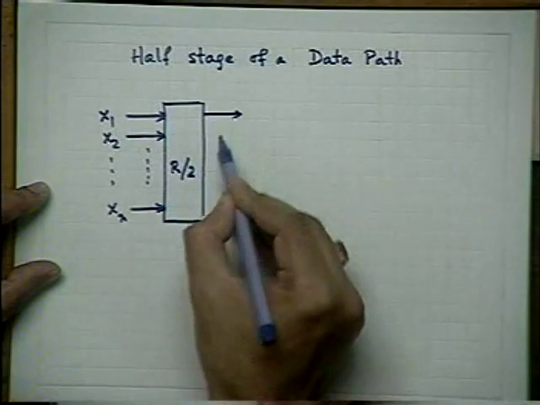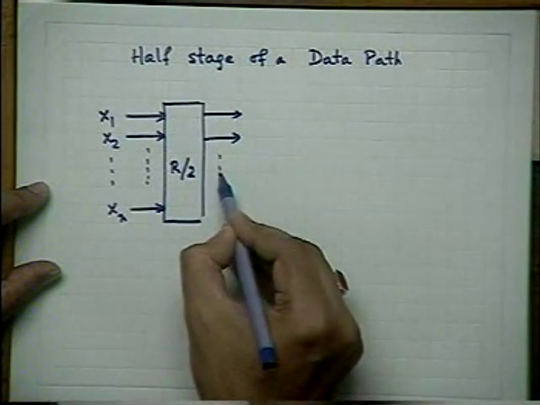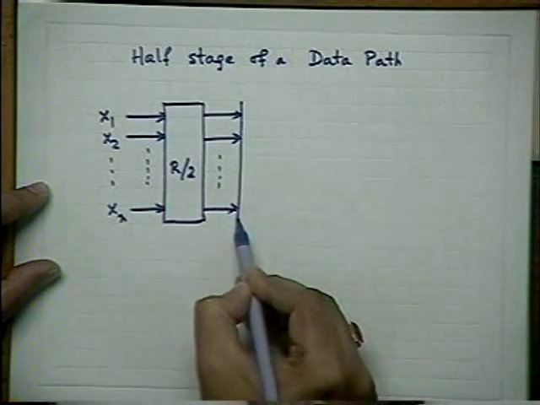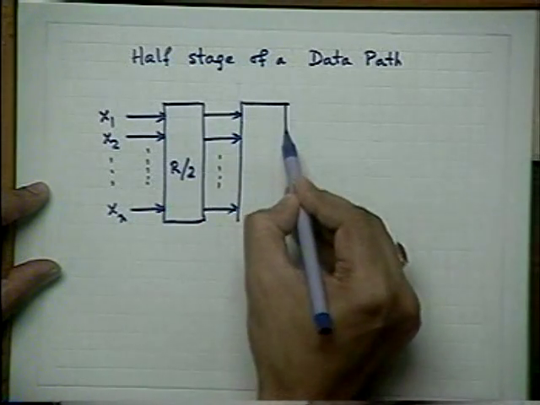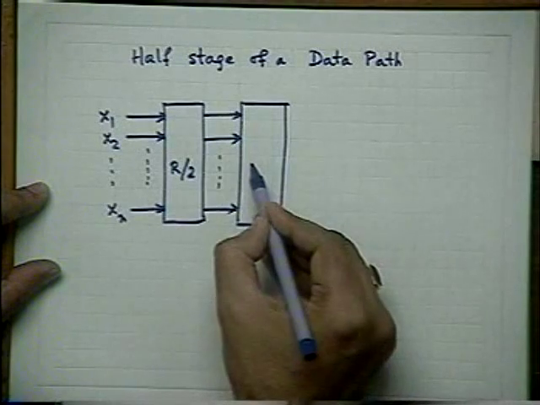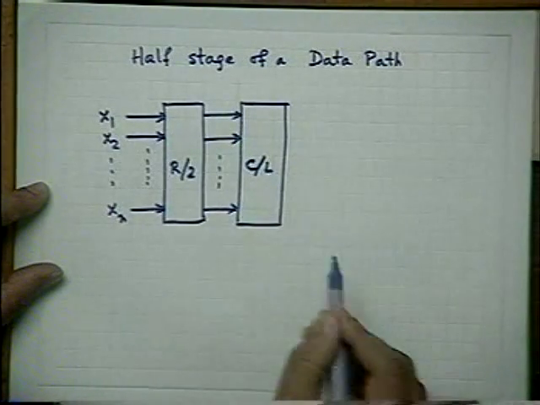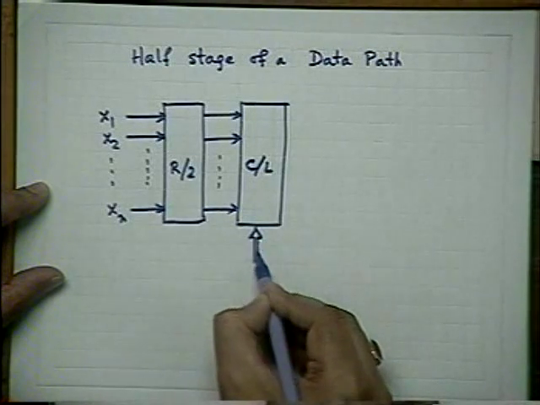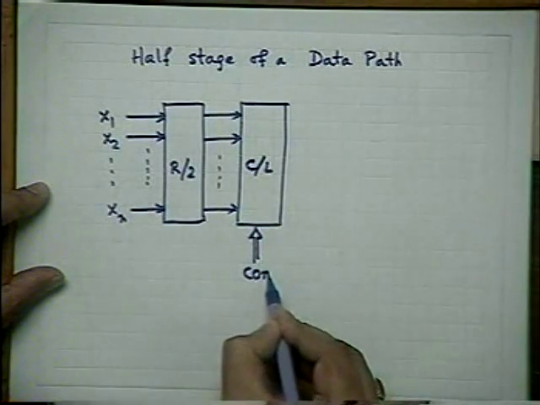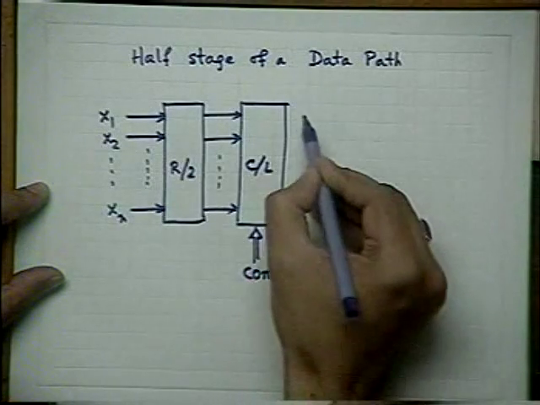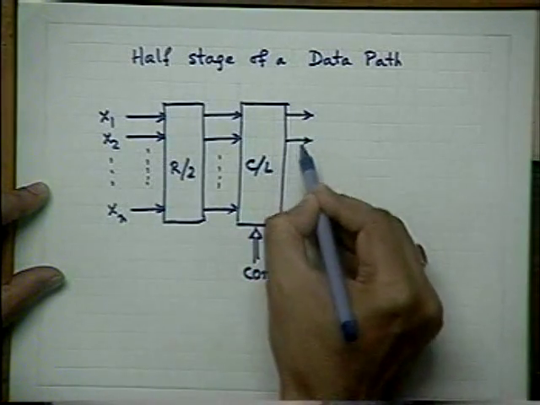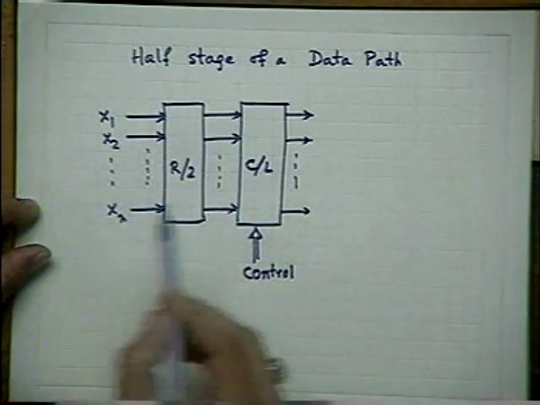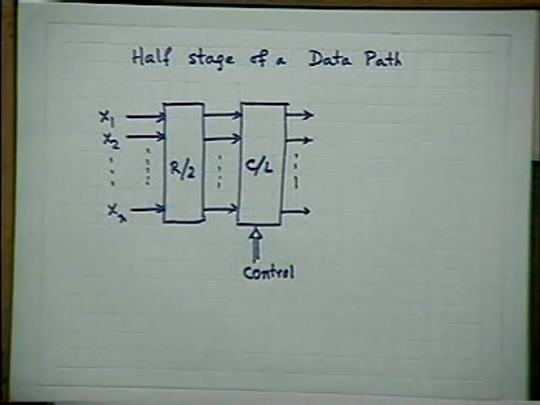Then it goes to a functional block for performing a combinational logic function. So I'll call it a CL block, combinational logic block, and it is actuated by the control signal. So I'll call it control, and then you get the output. This is what is known as the half stage of a data path.